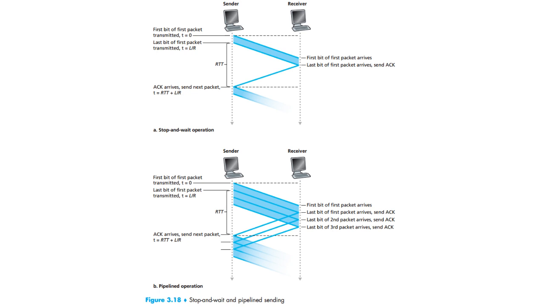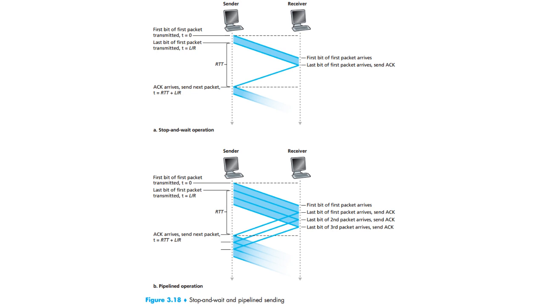Assuming for simplicity that acknowledgement packets are extremely small and that the receiver can send the acknowledgement as soon as the last bit of the data packet is received, the acknowledgement emerges at the sender at t equals RTT plus L by R, which is 30.008 milliseconds.